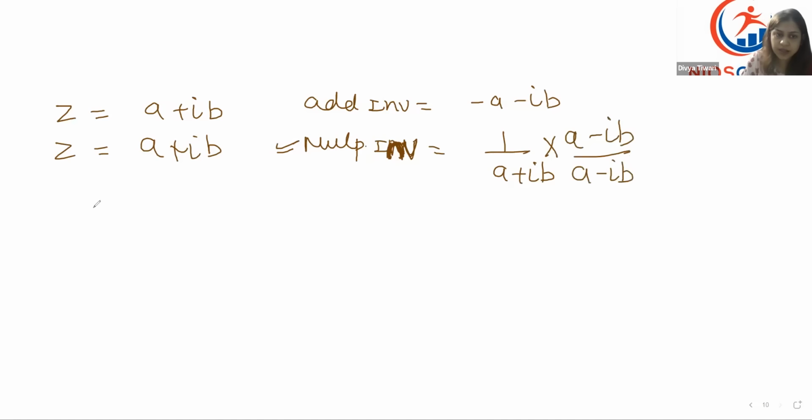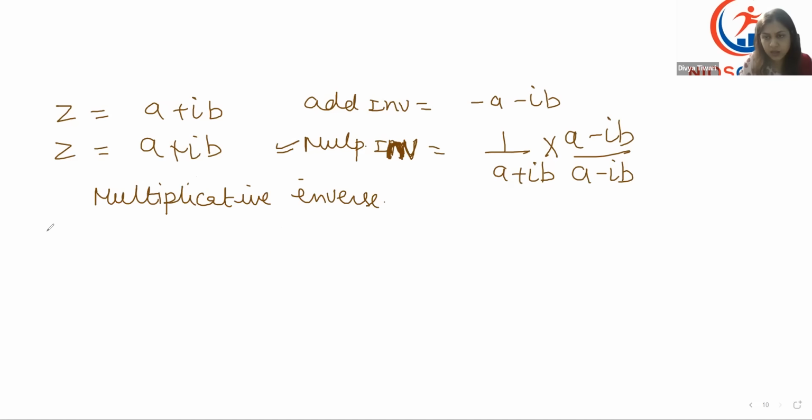So moreover, we can also write it in the simplified way: the multiplicative inverse of any complex number is its conjugate upon modulus square. Is it clear? If it is not clear, then please do ask me.